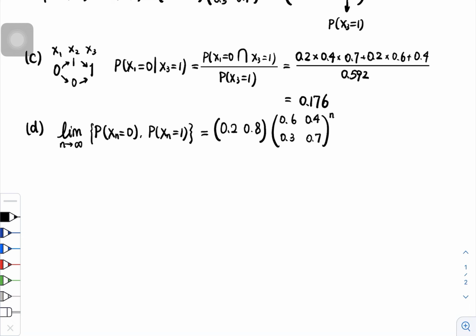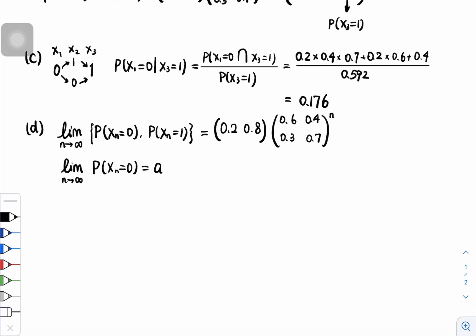So we want to know this part, so we assume that the final situation of xn equals 0 is a. Then the probability of xn equals 1 should be 1 minus a.